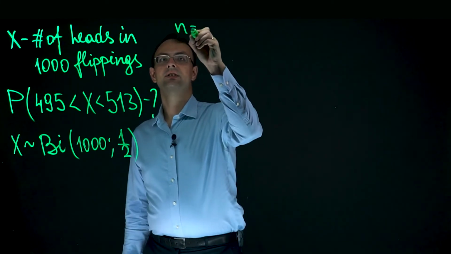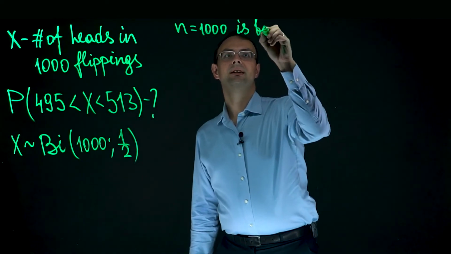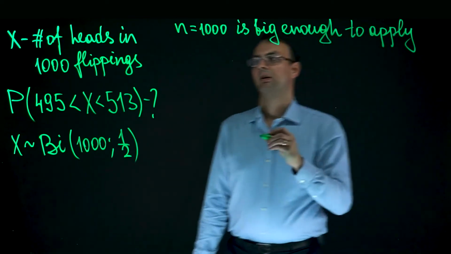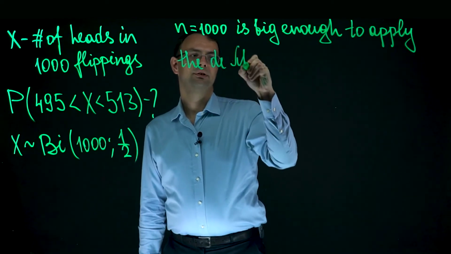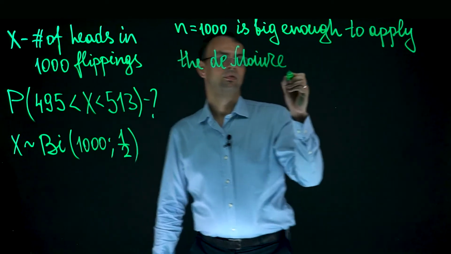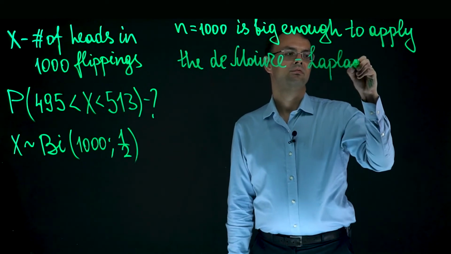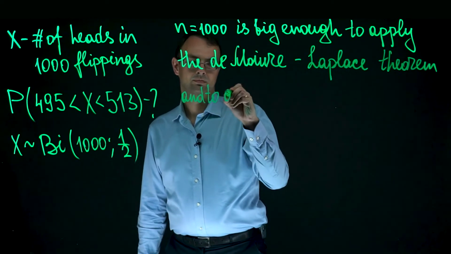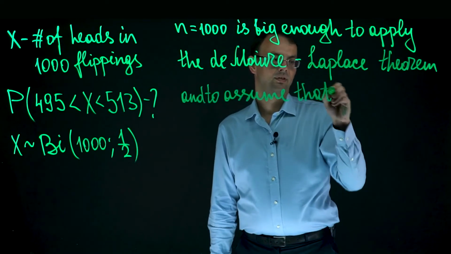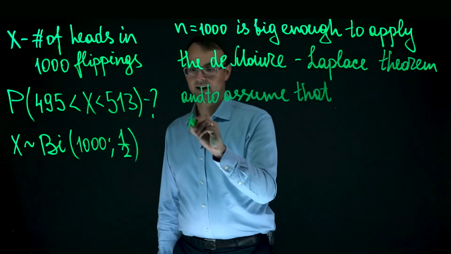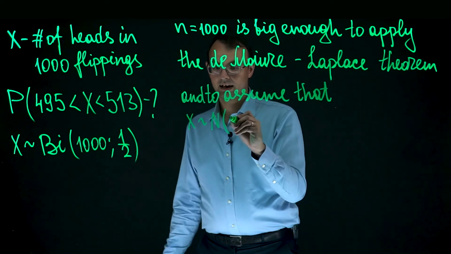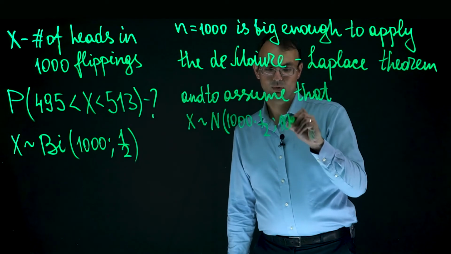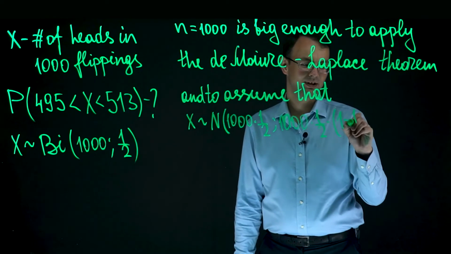So n equal to 1000 is big enough to apply the de Moivre-Laplace theorem, and to assume that x has normal distribution with parameters np, that is 1000 times 1/2, and n times p times 1 minus p, that is 1000 times 1/2 times 1 minus 1/2, that is 250.